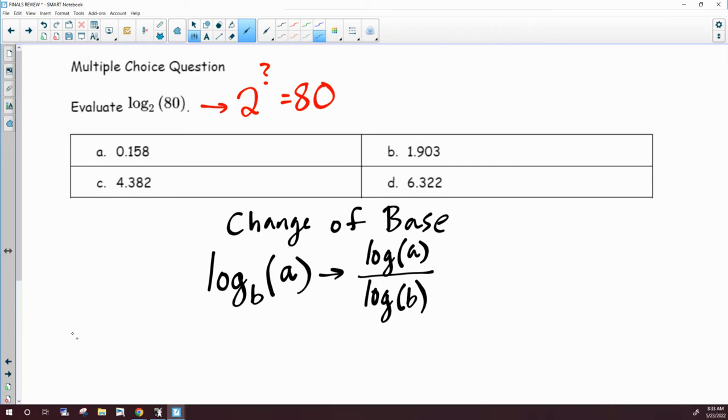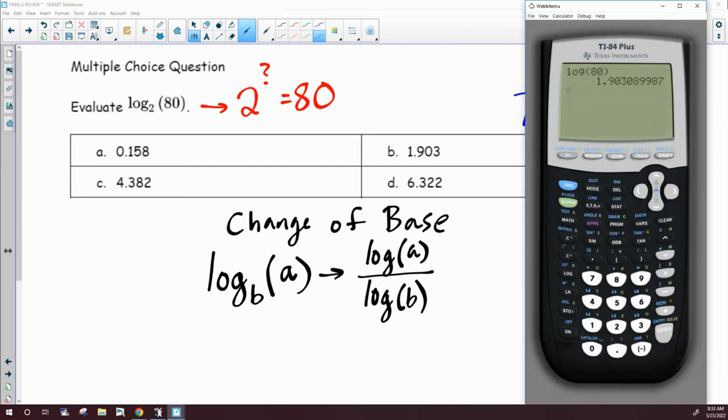So if we wanted to evaluate log base 2 of 80 in our calculator, we would do log of 80 divided by log of 2. This will help us find what power you would have to raise 2 to in order to get 80.